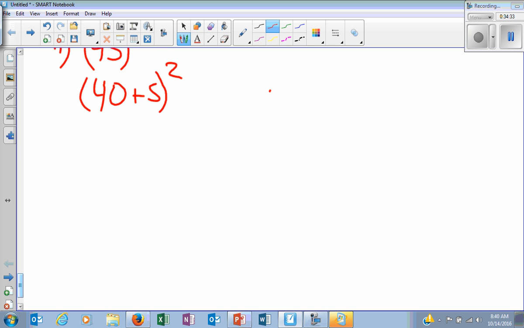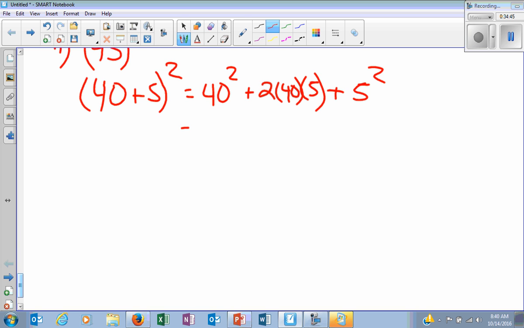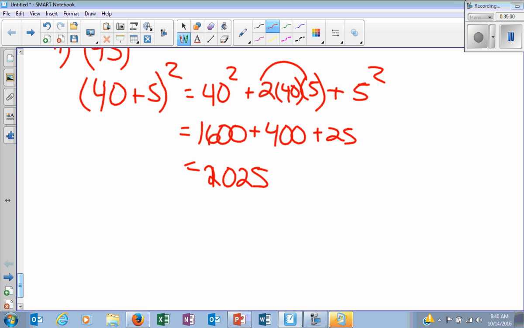So this becomes 40 squared plus 2 times 40 times 5 plus 5 squared. 1,600 plus, that should be 10, so this should be 400 plus 25. So that should be 2025. Yes?